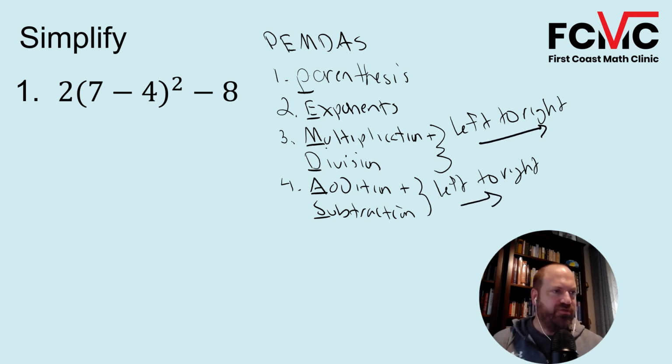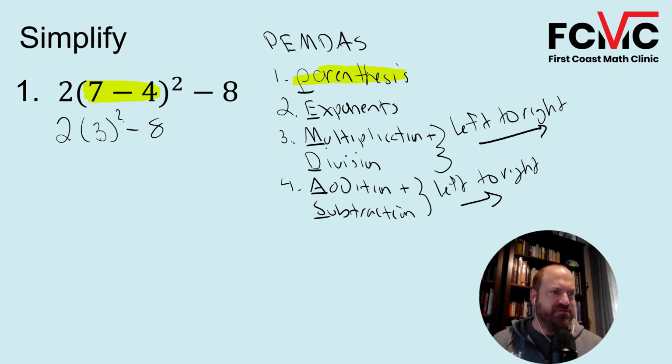So let's start with our example here, and we want to start with parentheses. Inside our parentheses, we've got 7 minus 4. Bring everything else down. 7 minus 4 is 3. Then we've got 2 times 3 to the second minus 8.